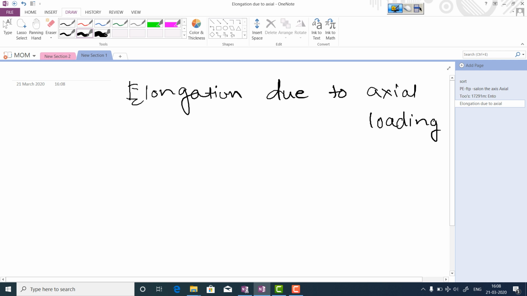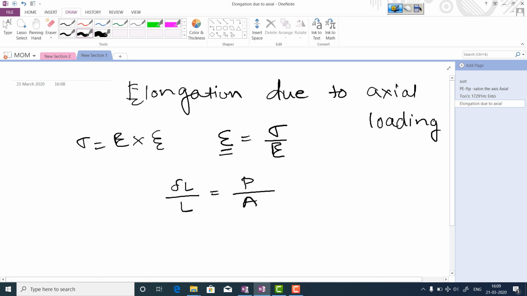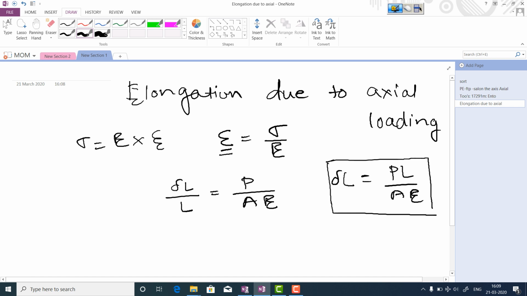So now we know the basic equations: stress is nothing but E into strain, correct? Now I can write this equation like this: strain as change in length upon original length, and stress as load upon area. Now the equation for change in length will become PL by AE. That means by using this equation we can find the change in length.